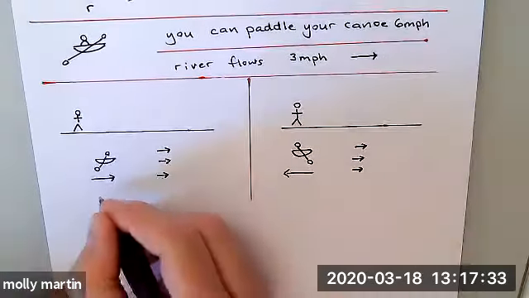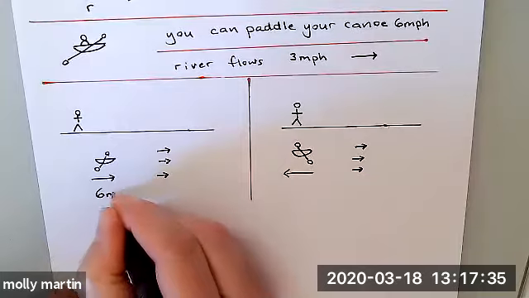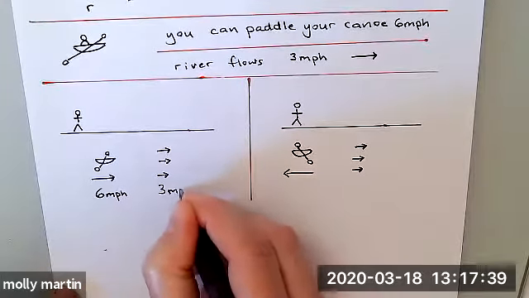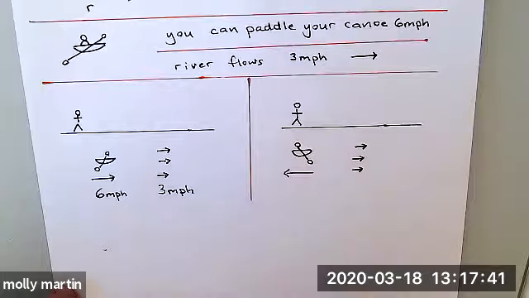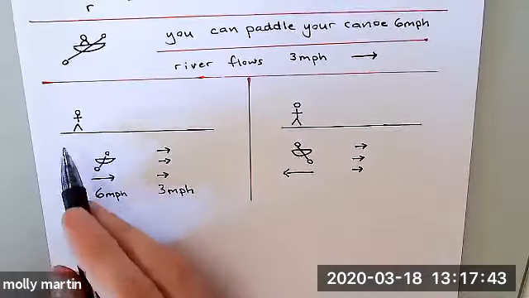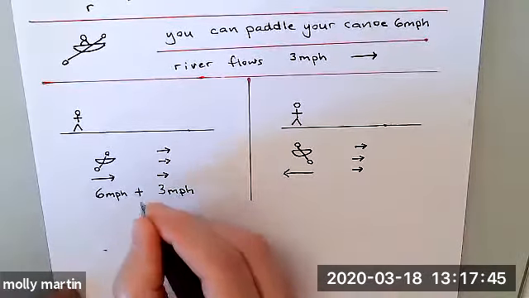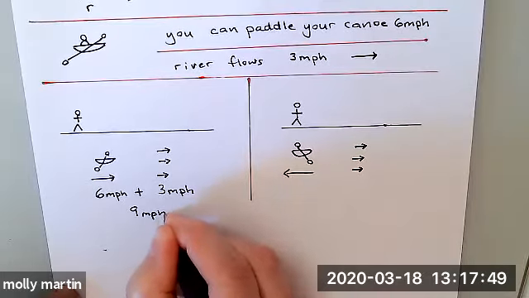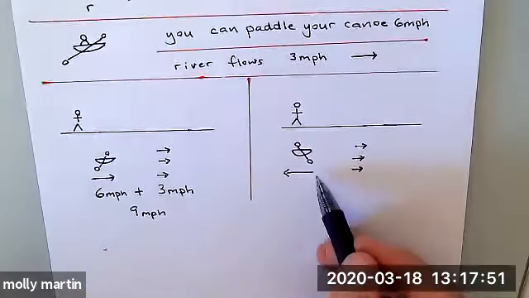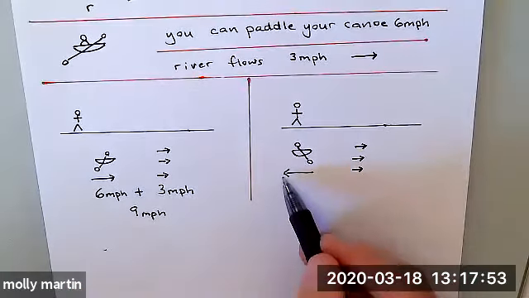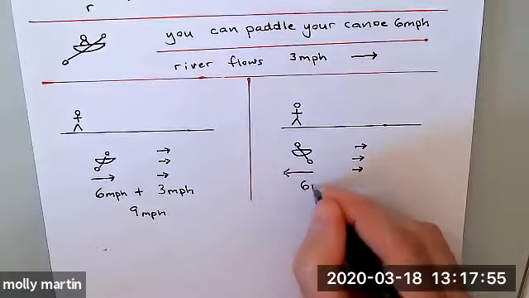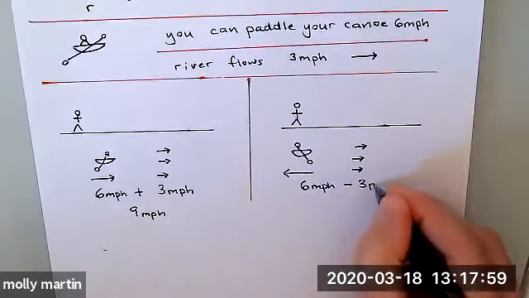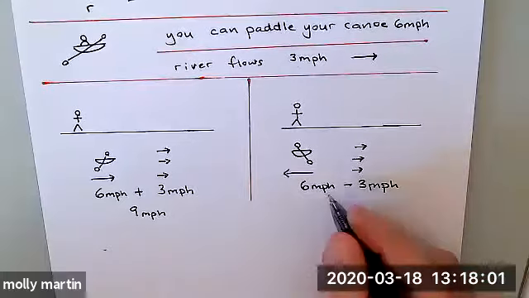Well, if you are paddling in the same direction as the river, you'll appear to be traveling faster. If you're paddling in the opposite direction of the river, you will appear slower.